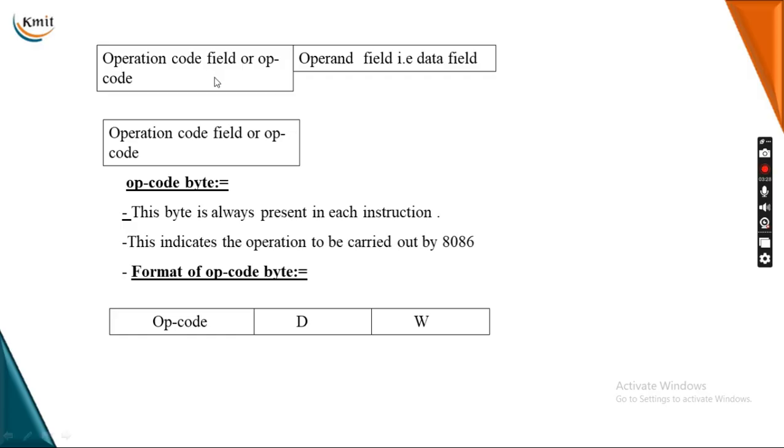As I told you, there are two fields, one is the opcode field, the second is the operand field, and the third field can be data with displacement, whatever.